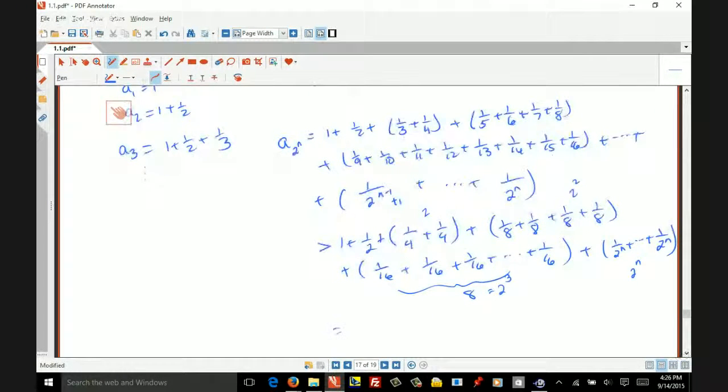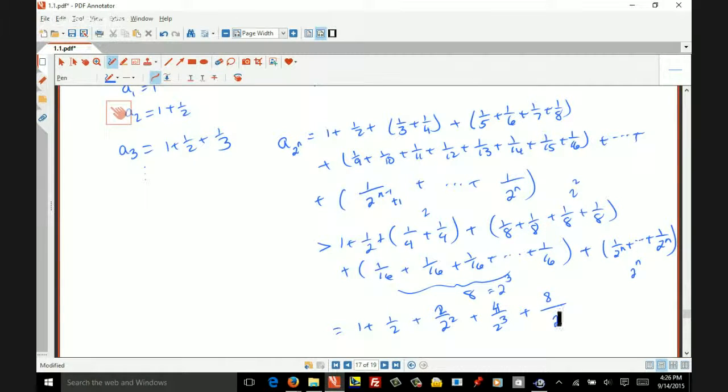So this is equal to 1 plus 1/2 plus 1/2 squared plus 1/2 cubed, except it's 2 over 1/2 squared plus 4 over 1/2 cubed plus, 8, yes, all the ways half.